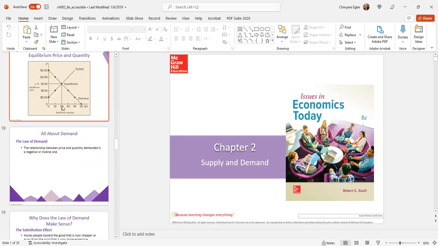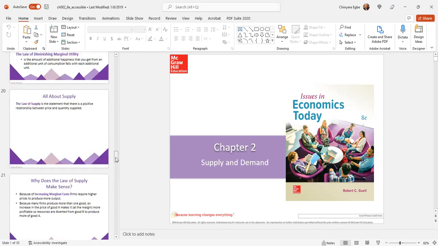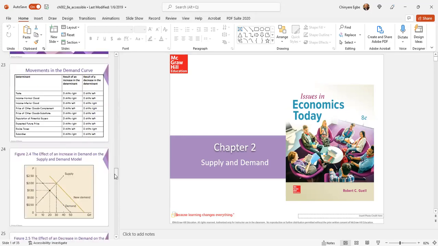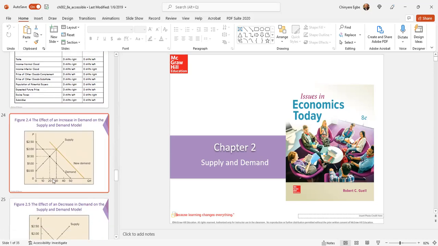And so now when supply interacts with demand, you have an equilibrium. The equilibrium price is $1.50 and the equilibrium quantity is 20, all right? And so you can have an increase in demand from demand to new demand.